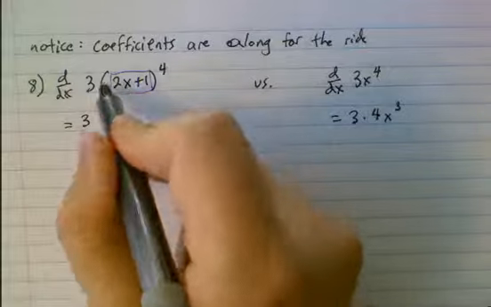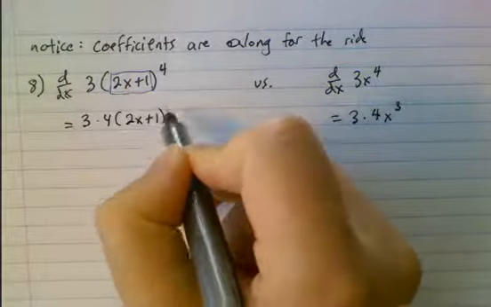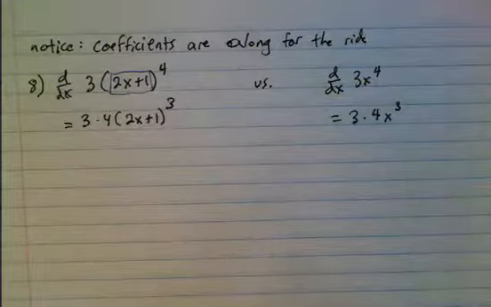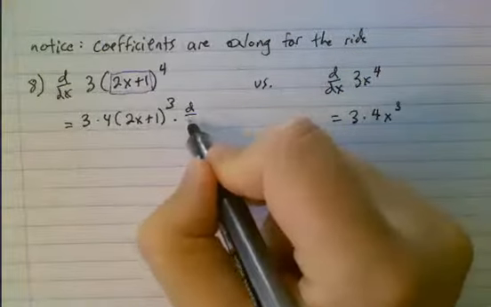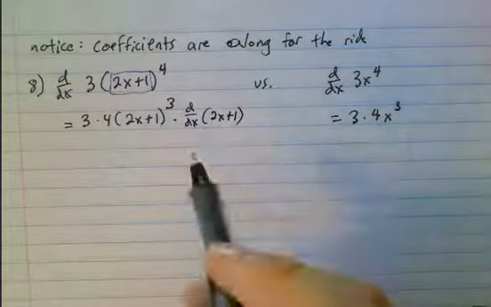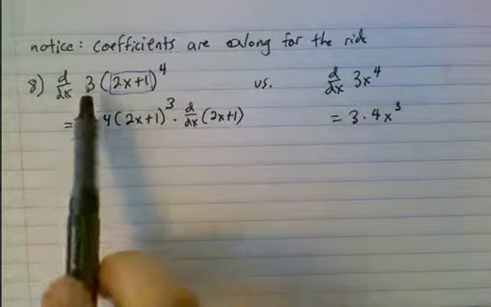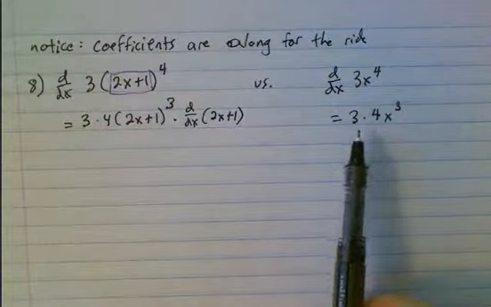Same idea here, we bring down that 4, just like we did over here, except that now we also have to do the derivative of what was inside the box, that 2x plus 1. However, the key thing is that this 3 here is along for the ride, just like this 3 was along for the ride here.